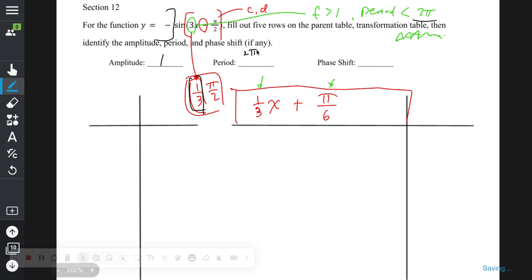So the period will be 2 pi over 3. And the phase shift, we've calculated that here as well. And we're going to give that direction. It's going to go to the right by pi over 6.